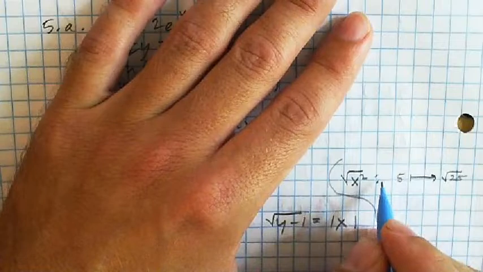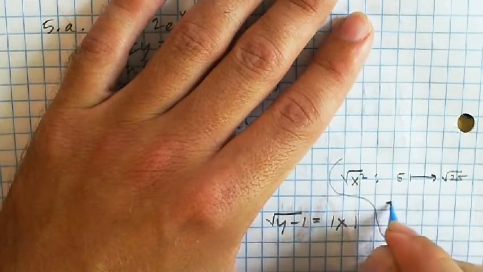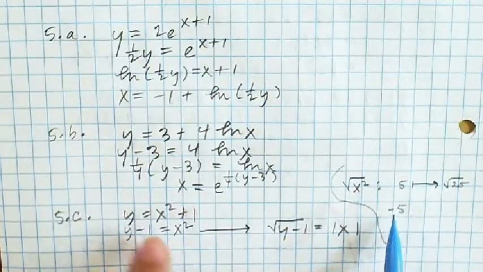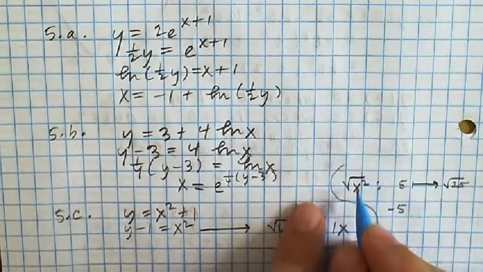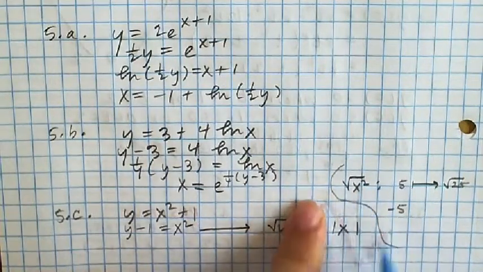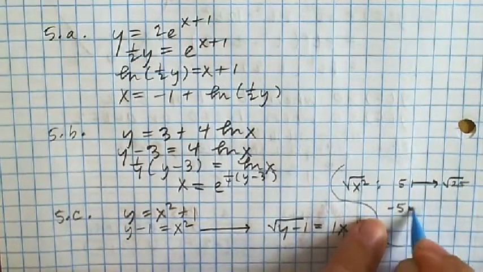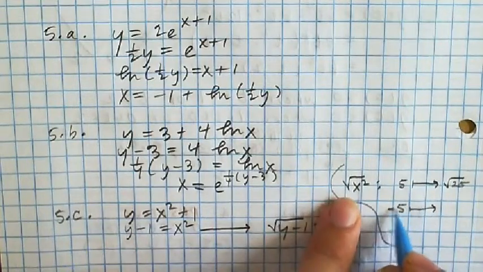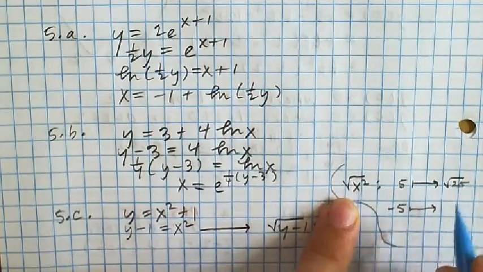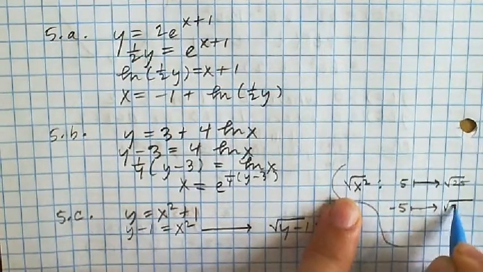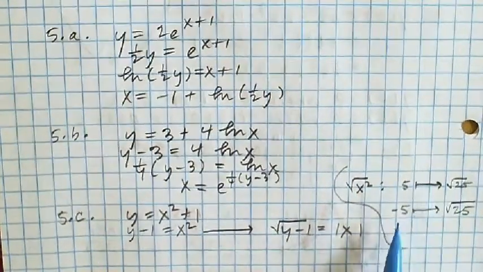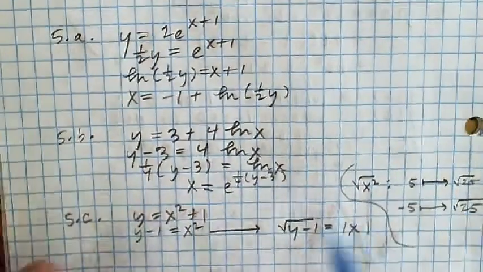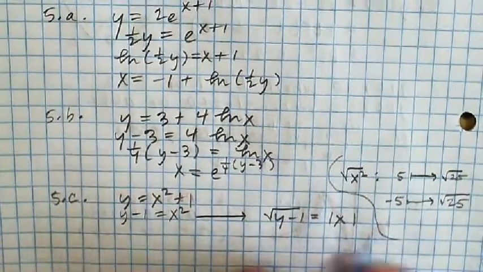But what if I had made that -5? If I take -5 and I square it, really I'm taking the x value, squaring it, and then taking the square root. Well, that becomes positive 25 when I square it. -5 times -5 is positive 25. And I'm still taking the positive square root of positive 25. So 5 goes to 5, and -5 also goes to 5. That's an absolute value type situation.